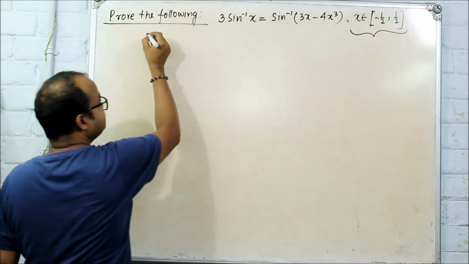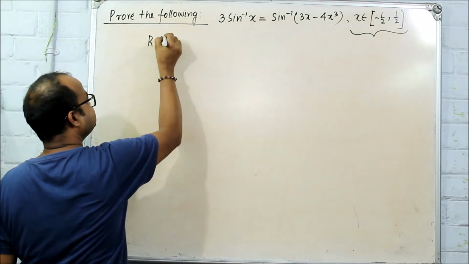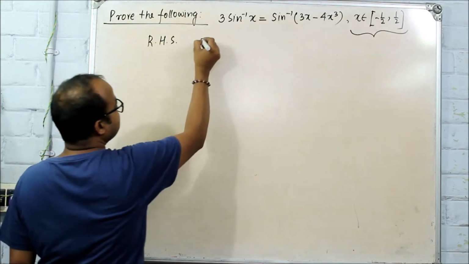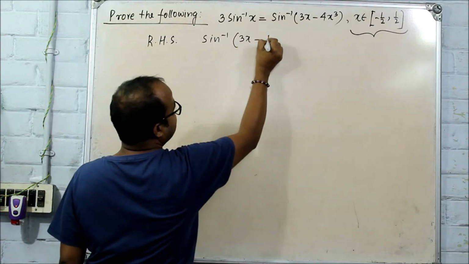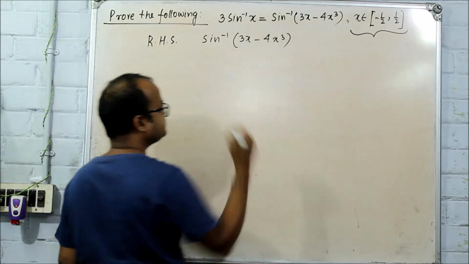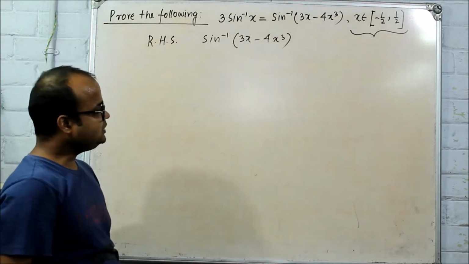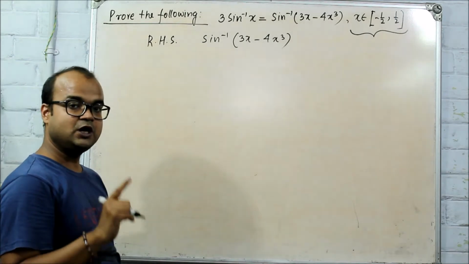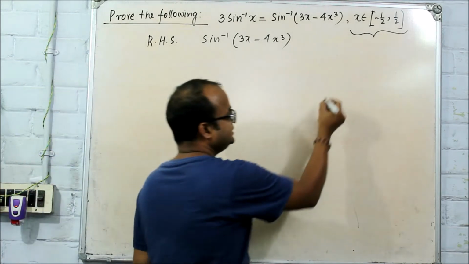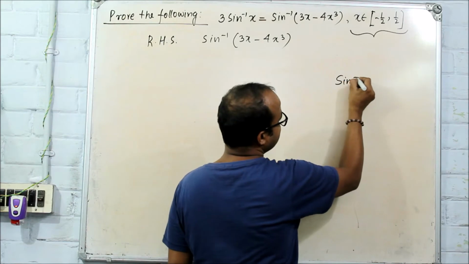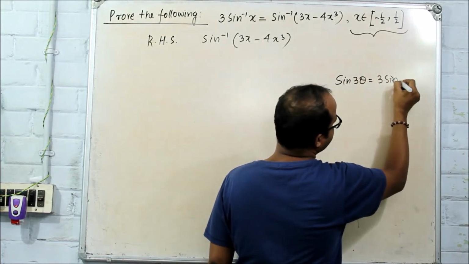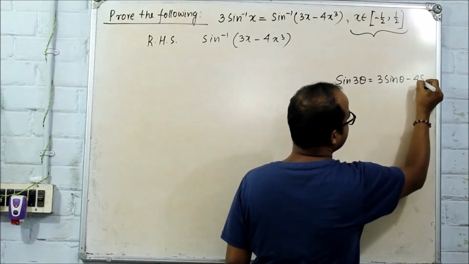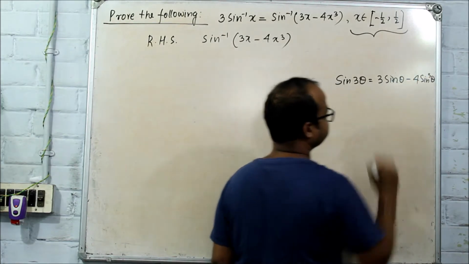So we'll take the right hand side, sin inverse of 3x minus 4x cube. Now if you remember the formula of sin 3 theta, sin 3 theta is equal to 3 sin theta minus 4 sin cube theta.